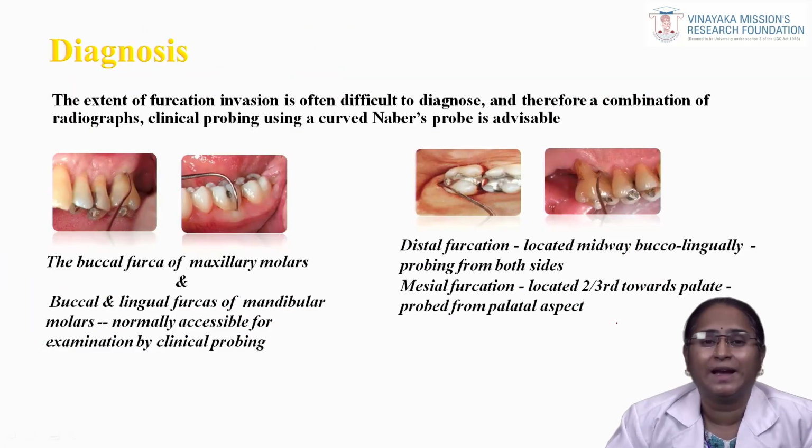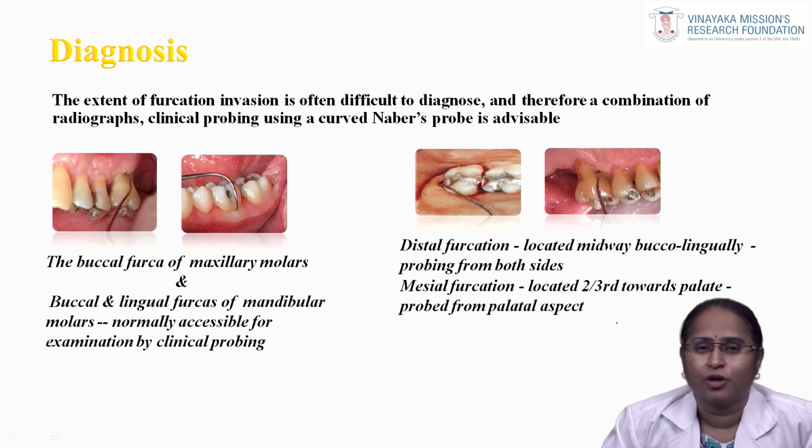Next, coming to the diagnosis. The extent of furcation involvement is difficult to diagnose, so we have to consider both clinical and radiographic findings. Clinically we use a Nabers probe.